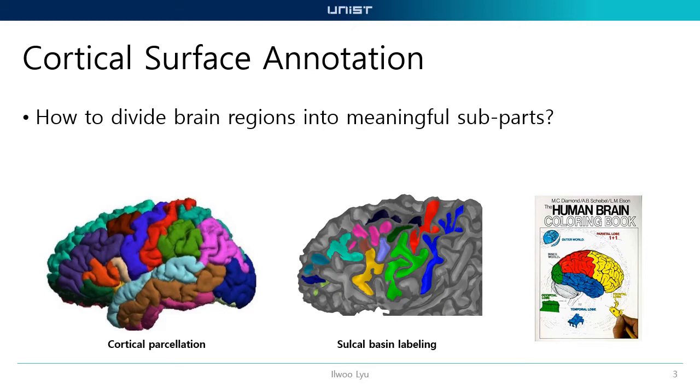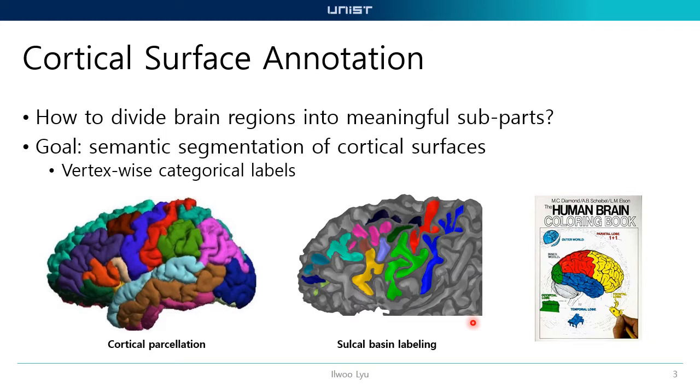Instead, given a protocol, our question is how we get the segmentation of our brain into several meaningful pieces, like in this figure for cortical parcellation, or how we assign meaningful sulcal labels for each sulcal basin, like in this figure. So the goal of this approach is to assign a meaningful label for each vertex. We can say this is a semantic segmentation of cortical surfaces.